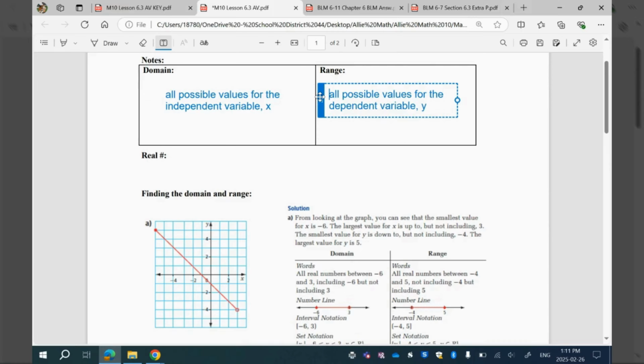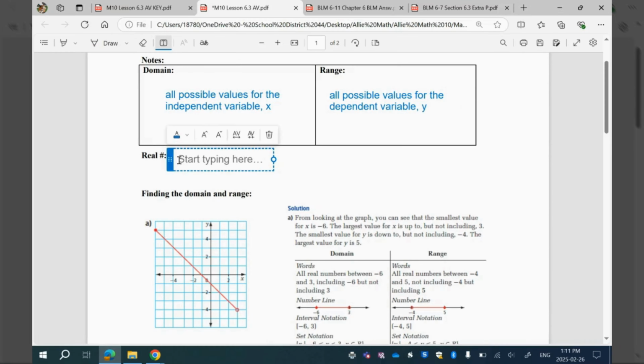So what is a real number? Its counterpart is the imaginary number, but a real number is all numbers, including, let's say, integers, rational numbers, that's numbers that can be written as a ratio of two numbers or as a fraction, and irrational numbers.